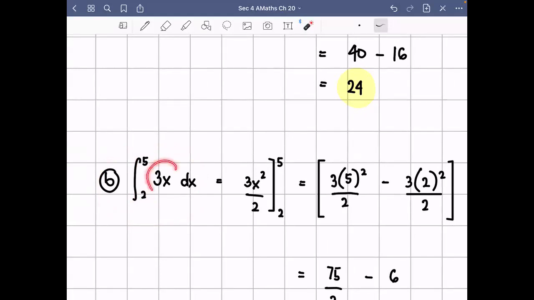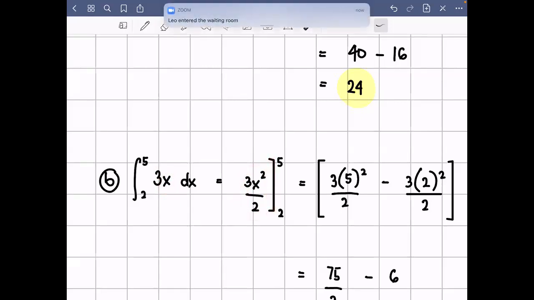Let's get the integral of 3x first. I think everyone can do this now. So 3 stays, and the antiderivative of x is x squared over 2. So this is your answer, and then from 2 to 5.